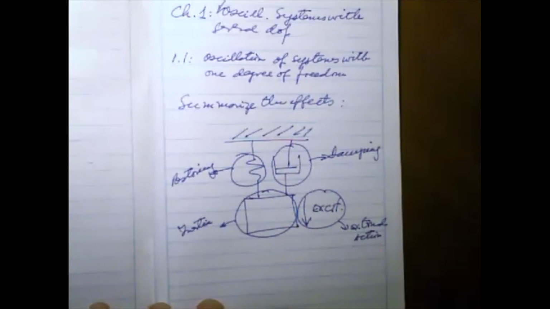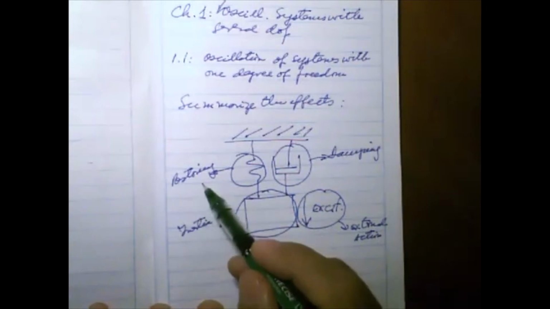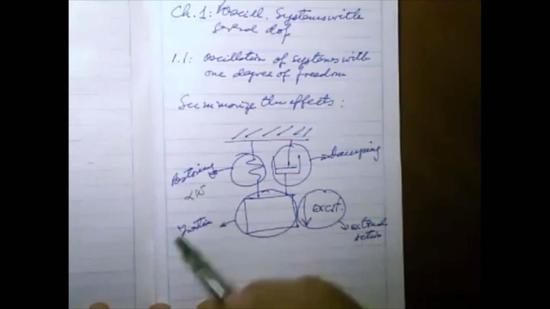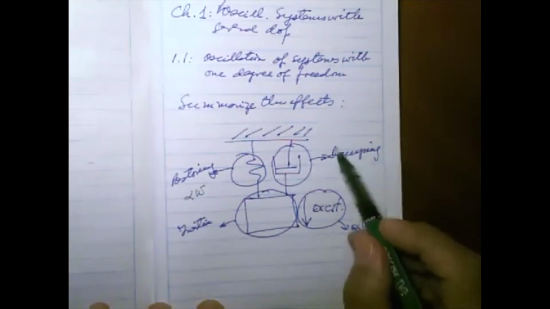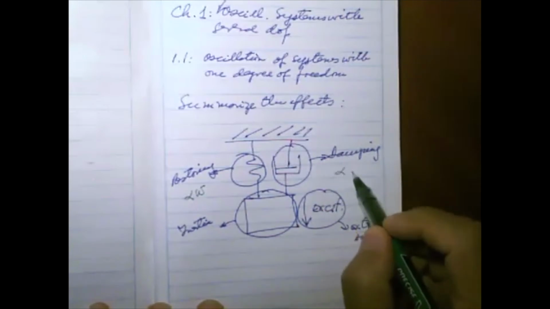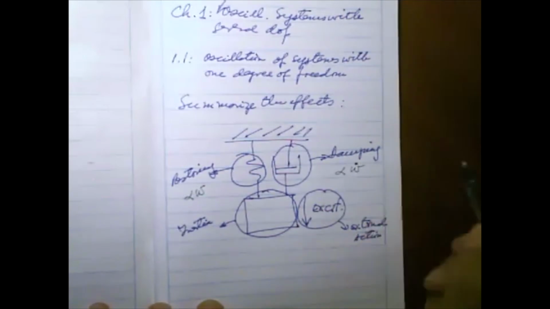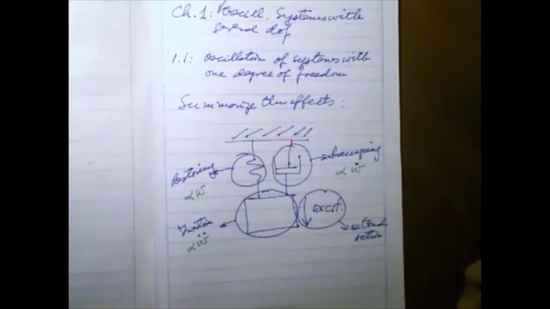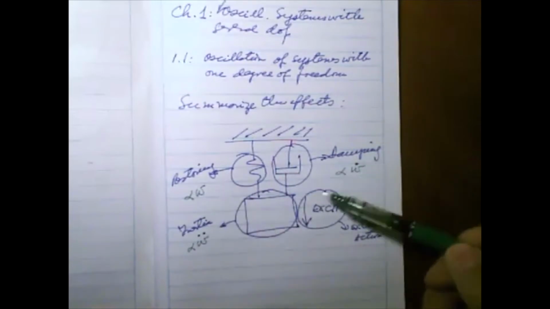Okay, something which is interesting is that the restoring action will be proportional to the displacement. The damping will be proportional to the velocity. And the inertia will be proportional to the acceleration. So you see that these three terms depend on the displacement.